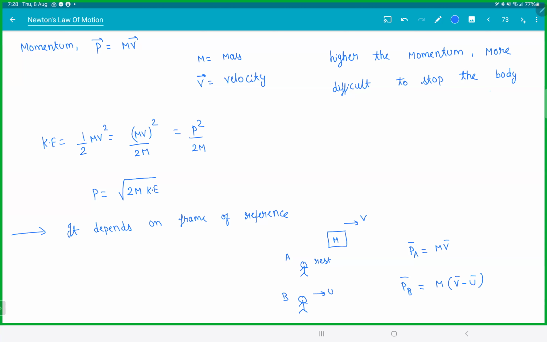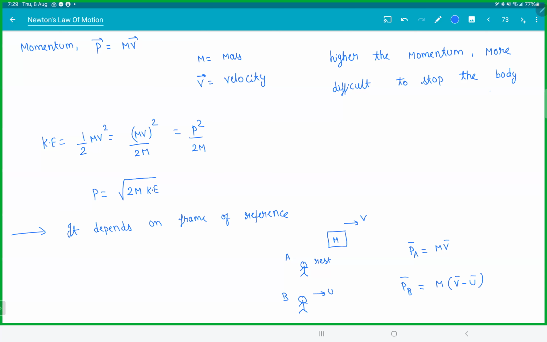So depending on who looks at the block, they can give you different momentums. So momentum depends on the frame. Have a look at this. All clear with this? Any doubt so far?